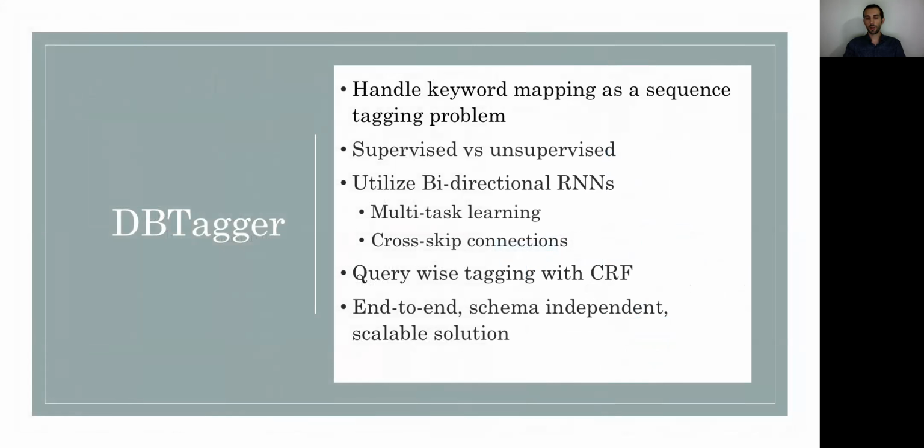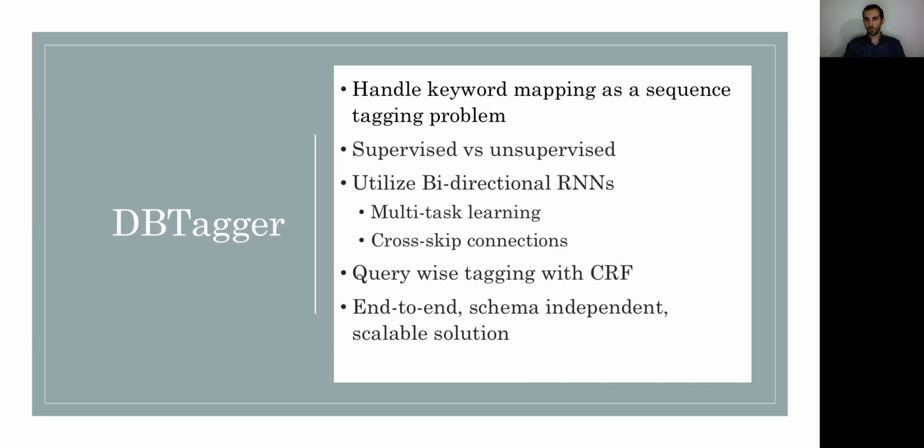In order to address these challenges, we propose DBTagger, and we handle keyword mapping as a sequence tagging problem, similar to part of speech tagging or named entity recognition in the NLP community. And we utilize bi-directional RNNs to train a deep neural model in a supervised fashion, compared to the unsupervised approaches preferred in state-of-the-art NLIDB systems.